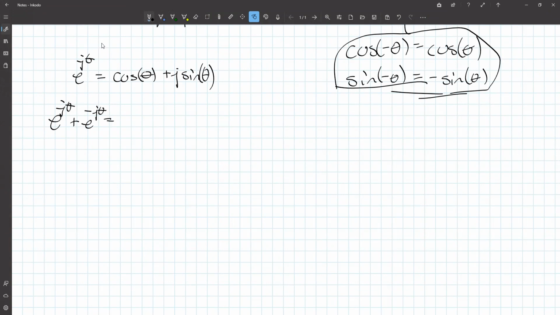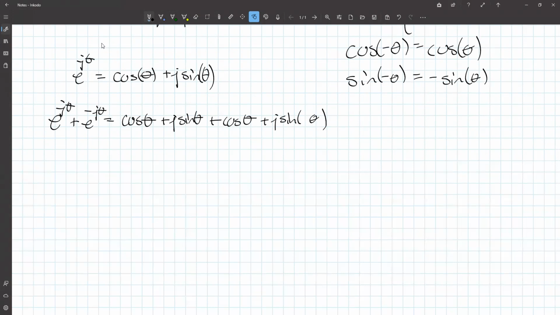But if I write this out, then I'll have cosine of theta plus j sine theta plus cosine of theta. And now I have a plus j sine of negative theta, correct? Look at this identity right here, this bottom identity.